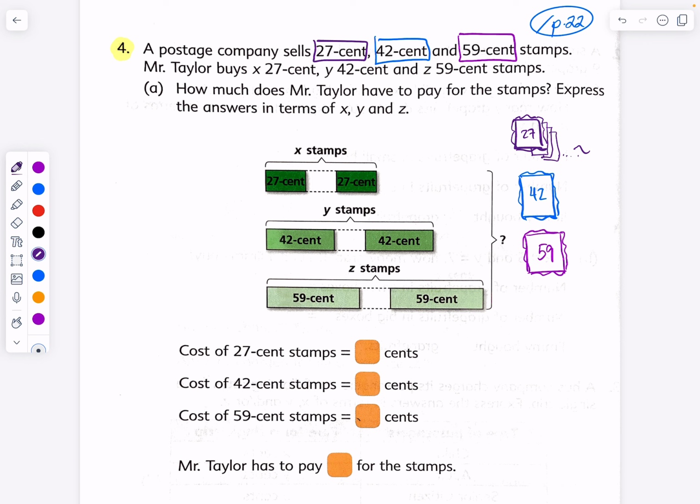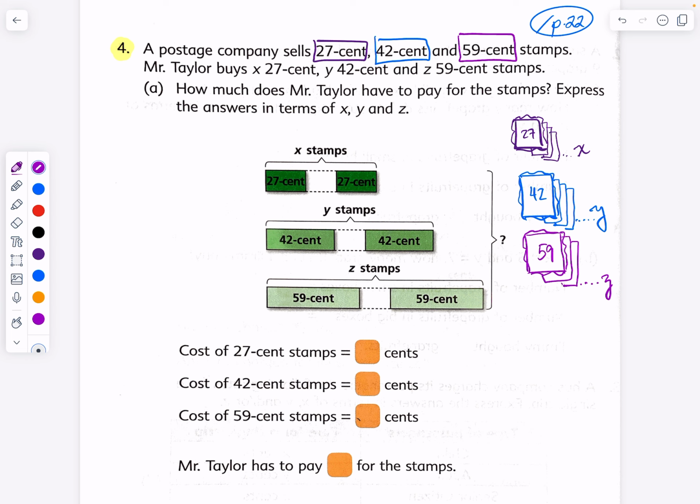We have X. Now, we also know he bought more than one 42-cent stamp. How many? Y. The quantity is Y. And finally, the number of 59-cent stamps is Z.